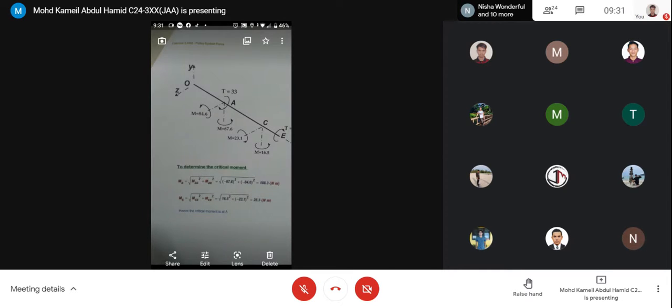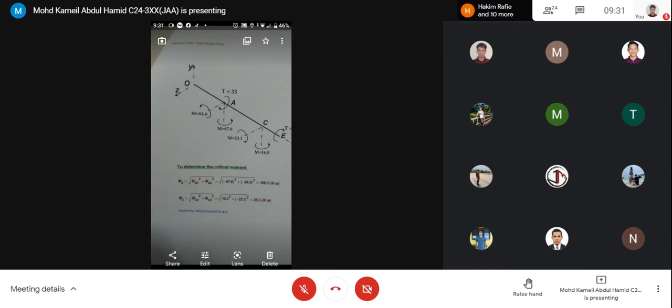Okey. So tadi kita cari moment, we are calculating the moment at point A and at point C. Okay, and then kita dapatkan total moment tu. Okay, once you get the total moment, we compare between the two, okay, to find which one is having the maximum. Okay, the maximum value will be considered as the critical point lah.